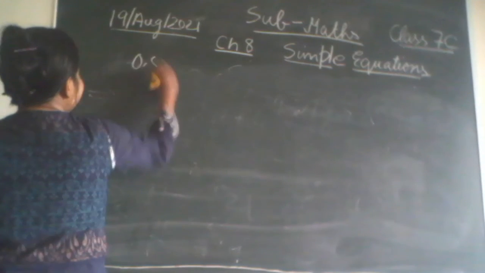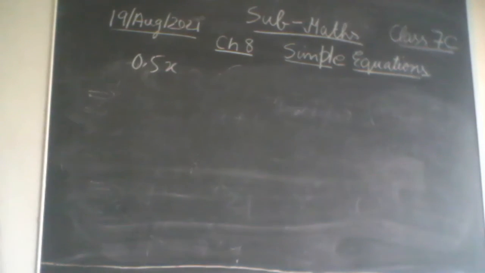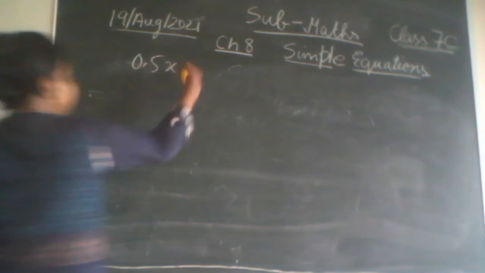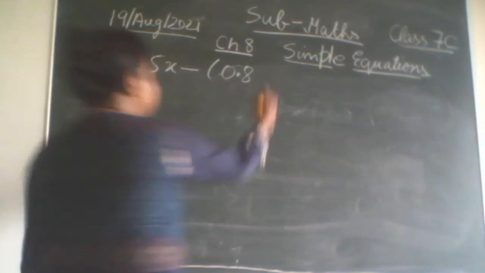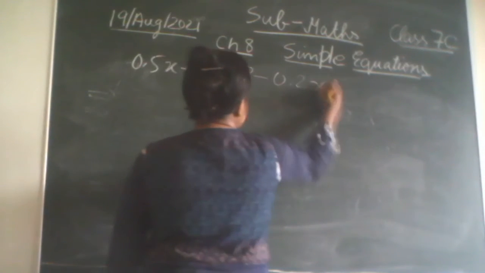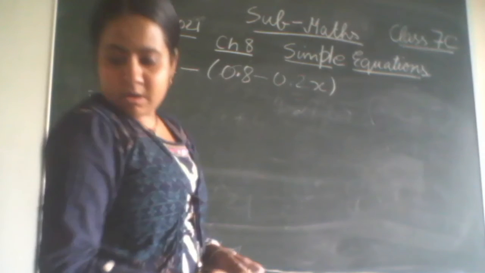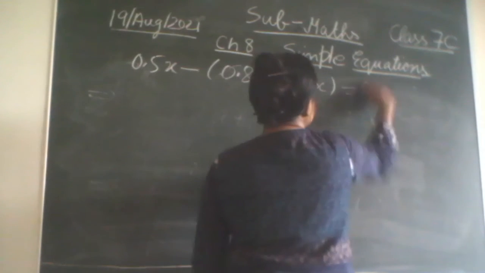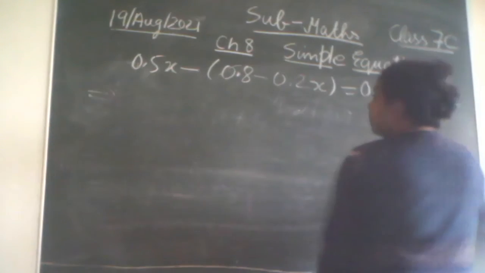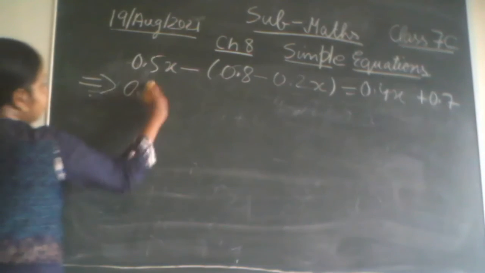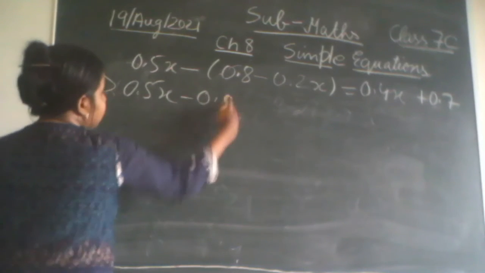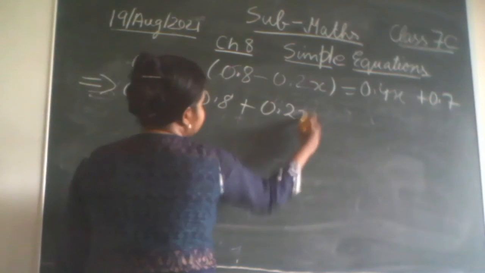Go for 0.5x minus, in brackets 0.8 minus 0.2x, is equal to 0.4x plus 0.7. Let's open the bracket first, right? 0.5x minus 0.8 plus 0.2x.